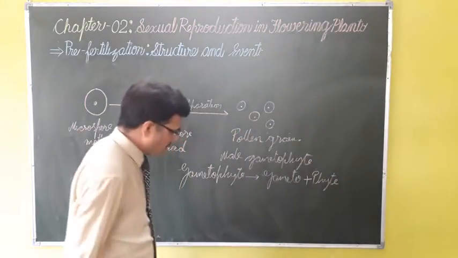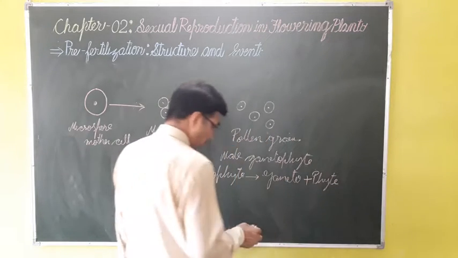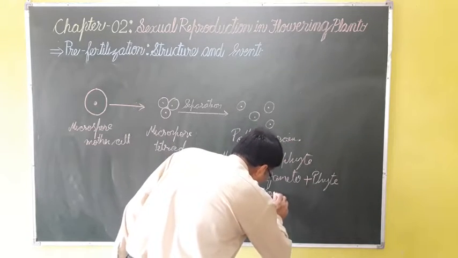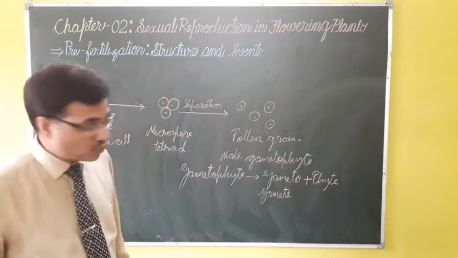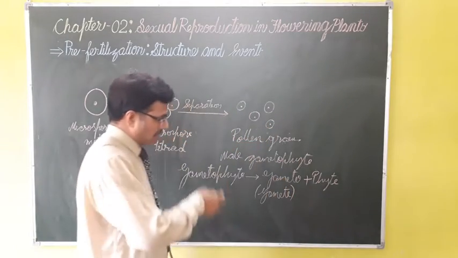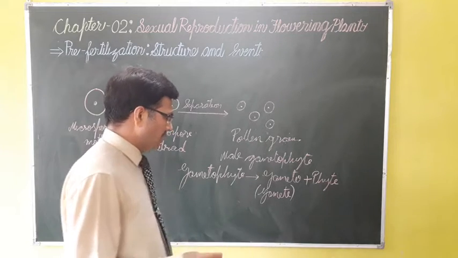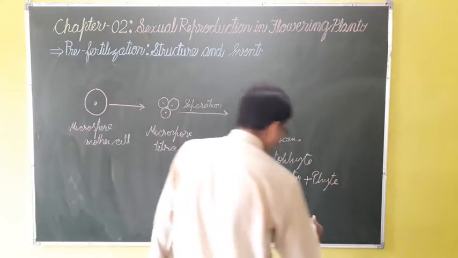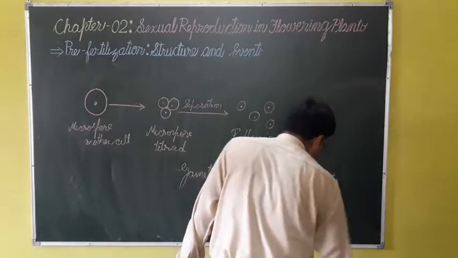Gameto is a derived word which tells us about the gamete, so the root word is gamete. And phyte is just a term, and the phyte tells us about the plant. The meaning of phyte is the plant.